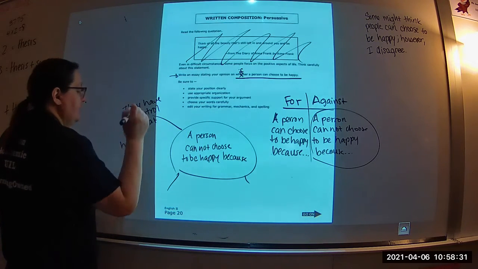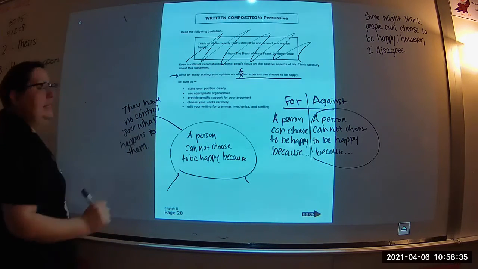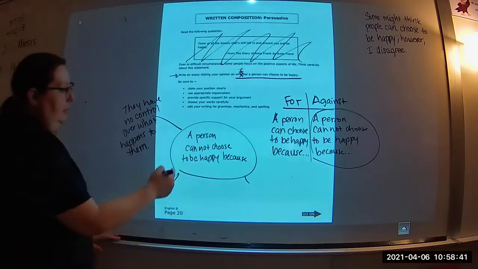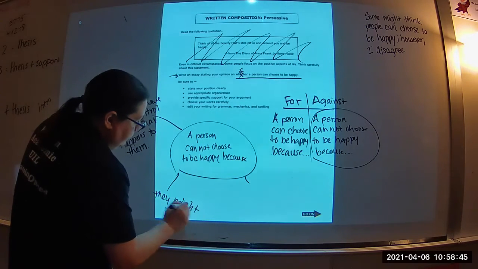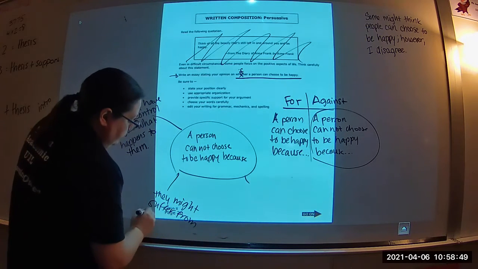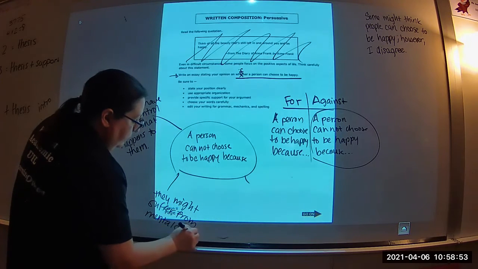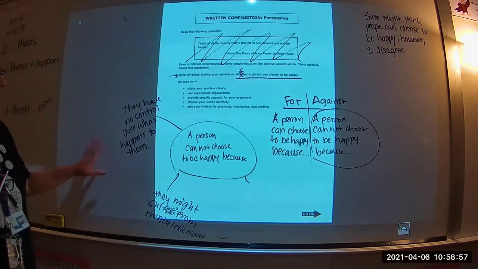So what is PTSD? Post-traumatic stress. No, I know what it is. What is that considered? Mental disorder. Right? So, because they might suffer from mental disorders, right? Or psychological problems, right?